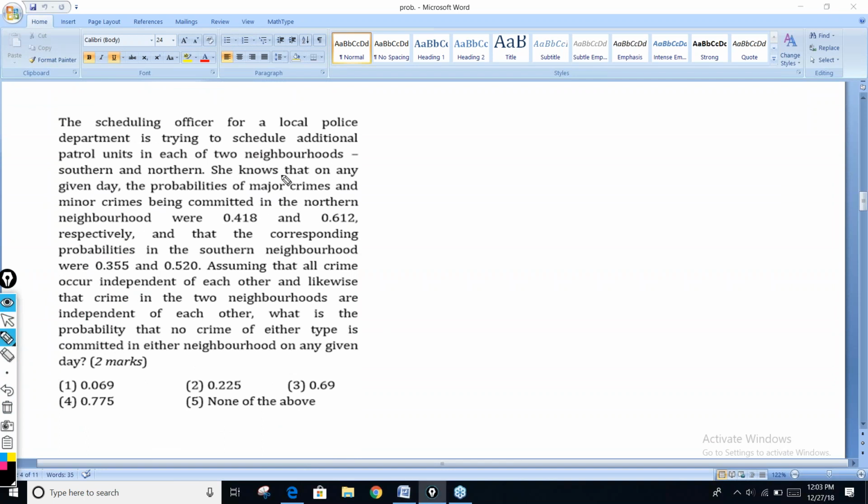Next one says the scheduling officer for a local police department is trying to schedule additional patrol units in each of the two neighborhoods, southern and northern. That is the southern region, that is the northern region.